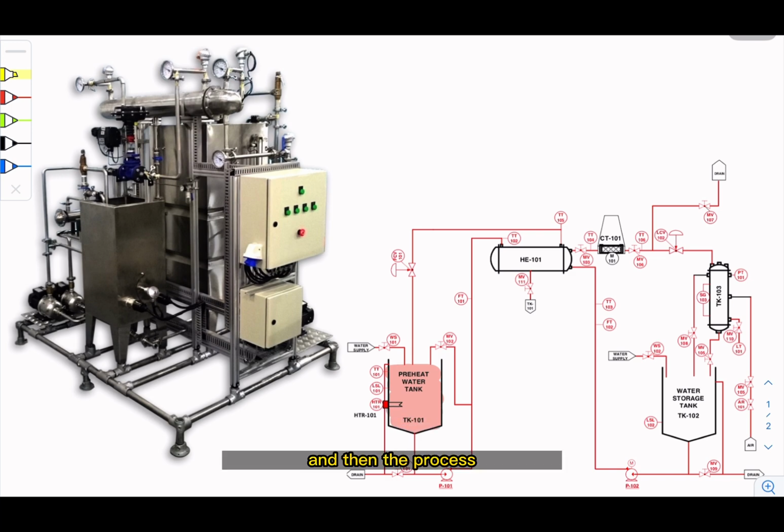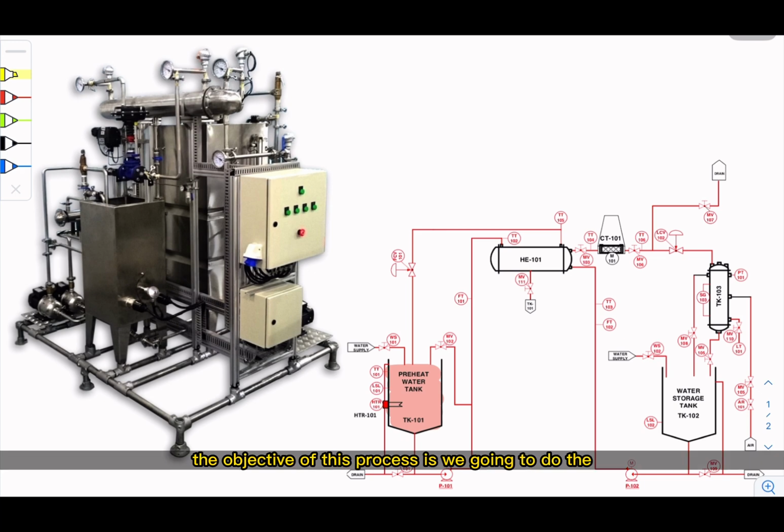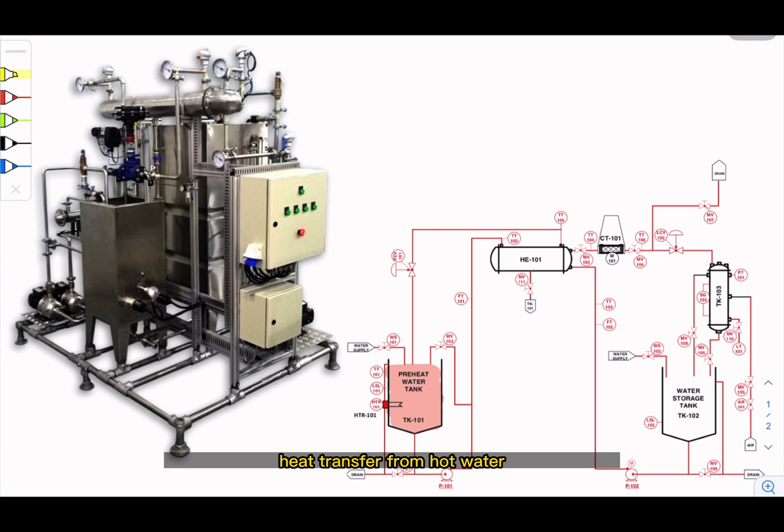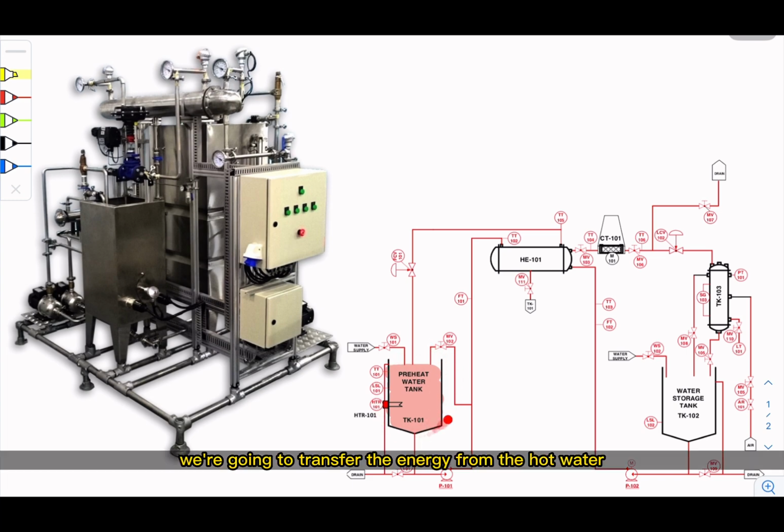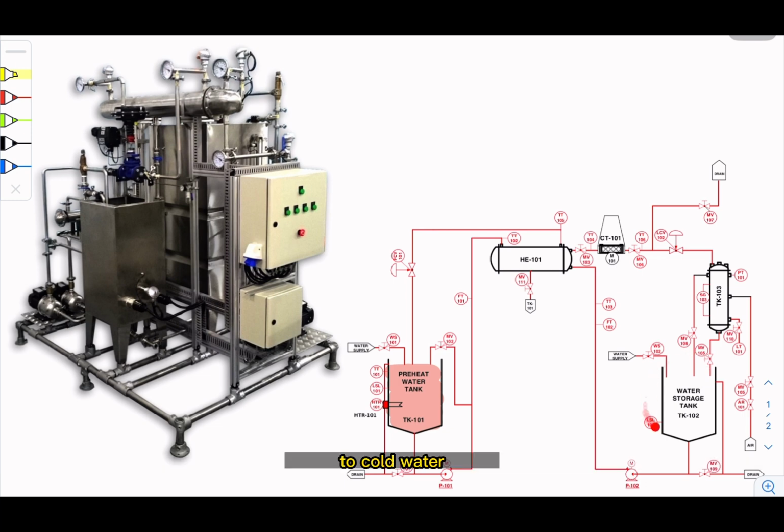The objective of this plant is to do heat transfer from hot water. We're going to transfer the energy from the hot water to cool water. This one is cool water, from this water tank.